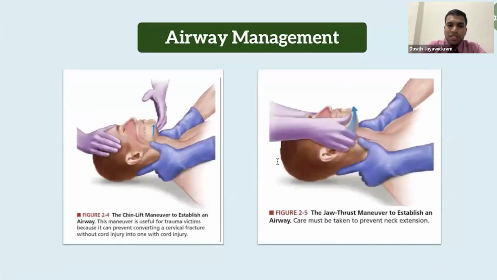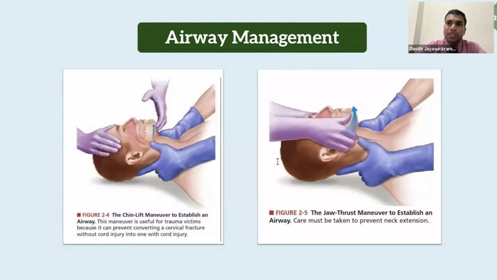So this is the chin lift maneuver and the jaw thrust maneuver. With these two, we can open up the airway, so that if the tongue has fallen back, we can open it up, and the oxygen that we are delivering to the patient can be adequately passed to the lungs.